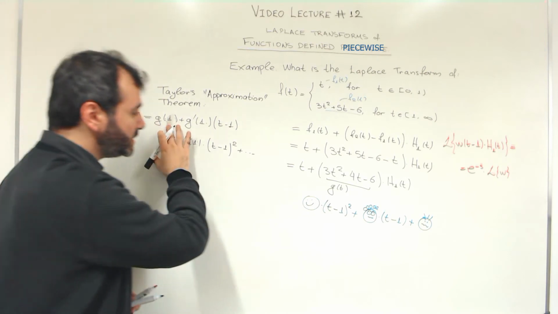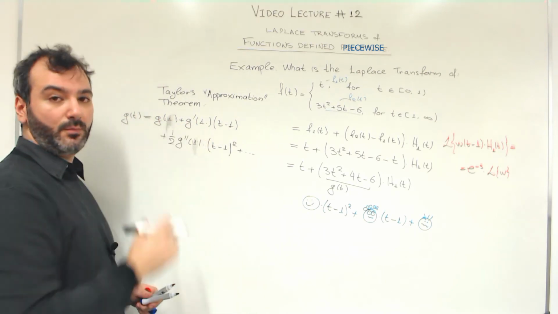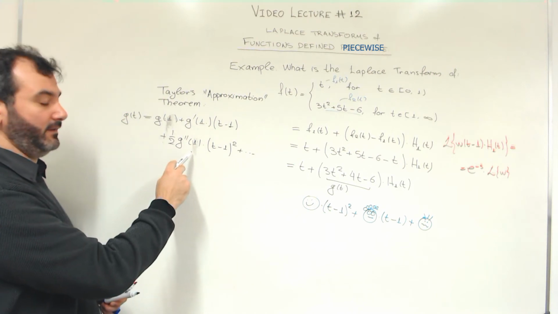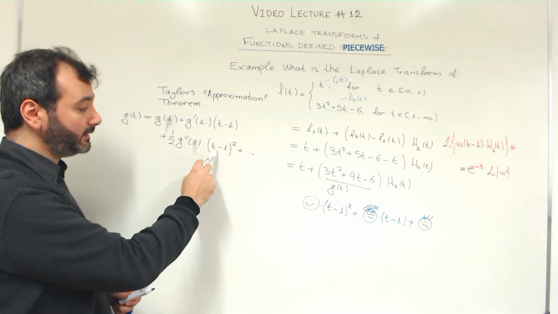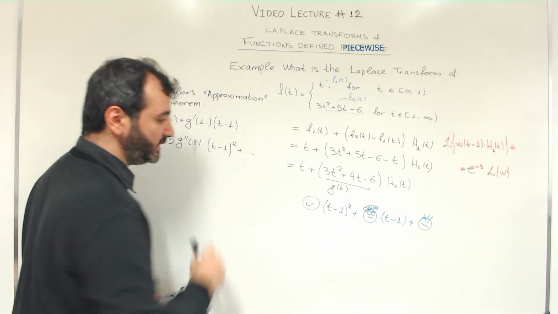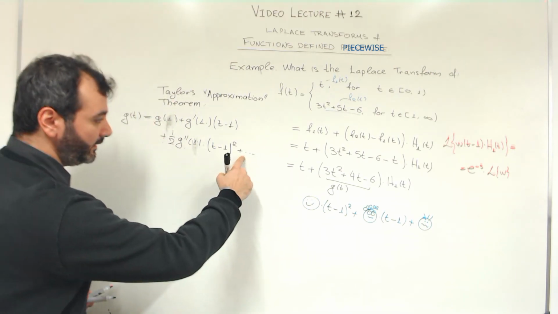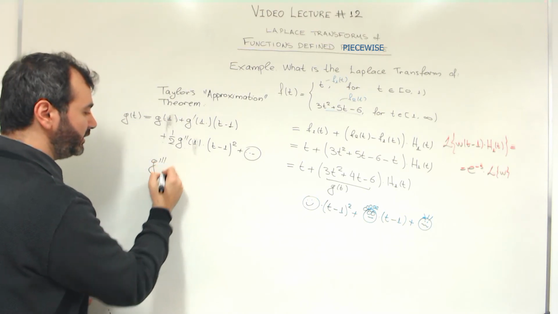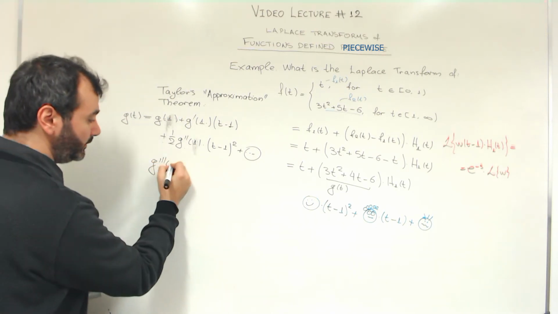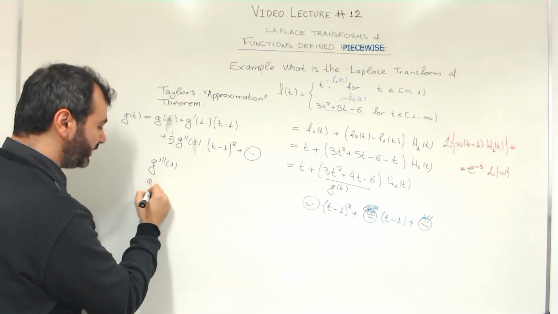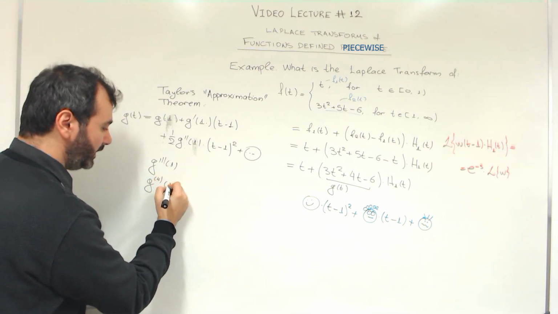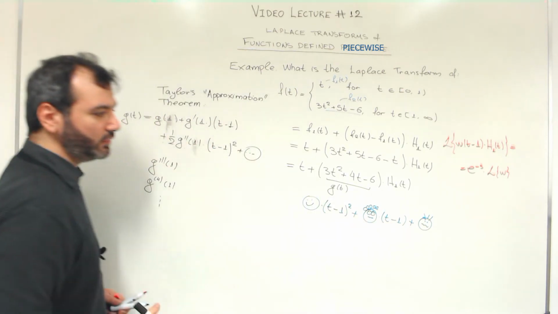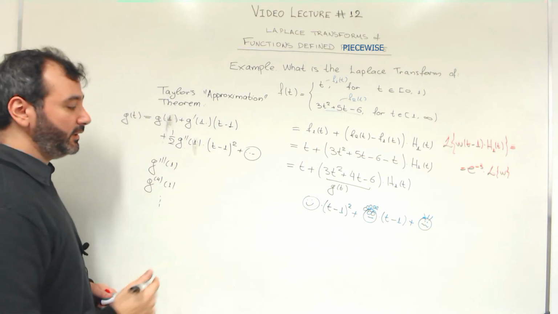It goes g at 1 plus the derivative of g at 1 times t minus 1, plus 1/2 the second derivative at 1 times t minus 1 squared, plus etc. The etc. part involves the third derivative of g at 1, and then the fourth derivative of g at 1, and so on and so forth. But here this g is a second order polynomial.